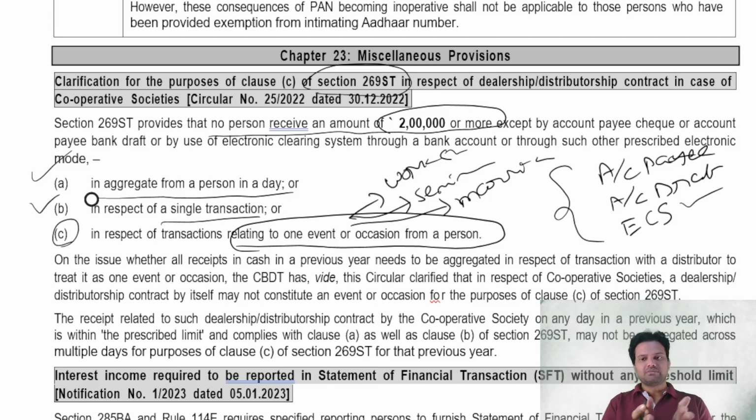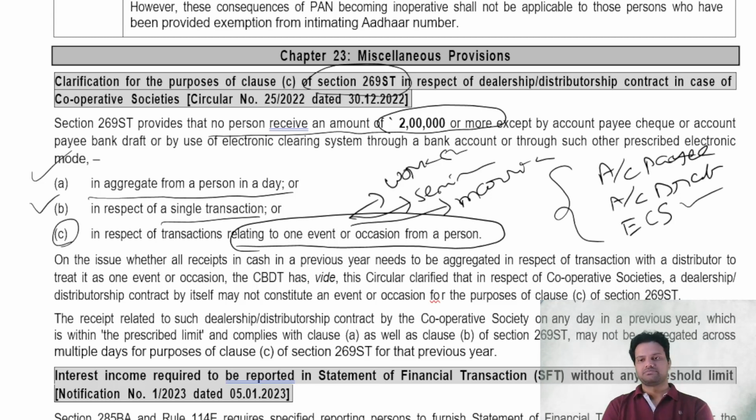If the organizer receives payment in cash in these total 3 days and the amount is above 2 lakhs, then these provisions will be attracted. For example, if he receives around 1 lakh per day, the total becomes 3 lakhs, and then also these provisions will be applicable. That event or occasion is the trigger point to compute the aggregate payments.